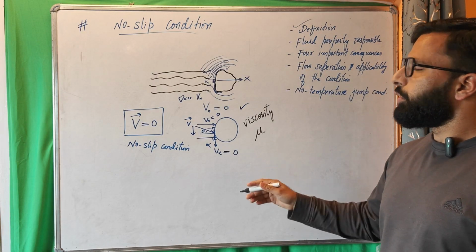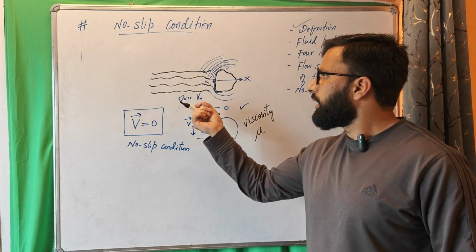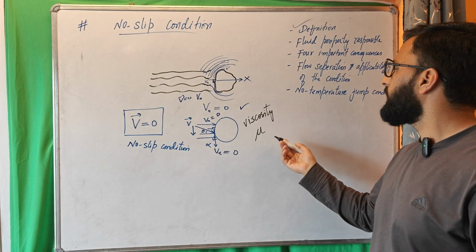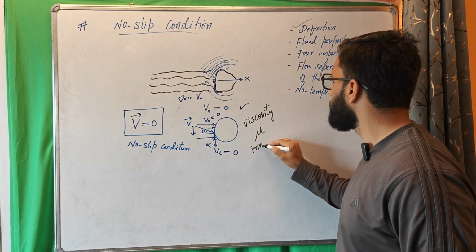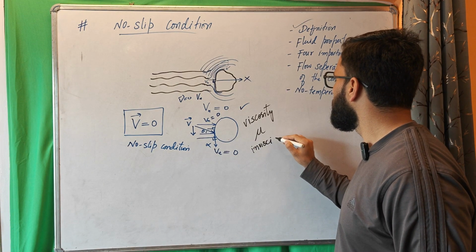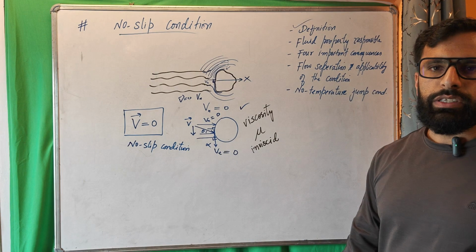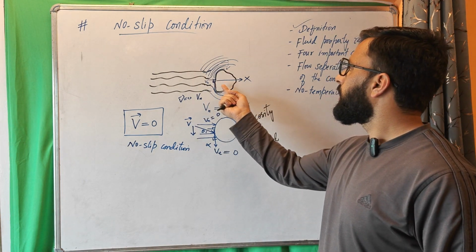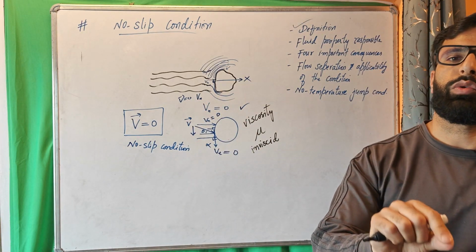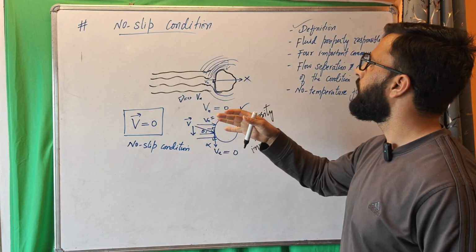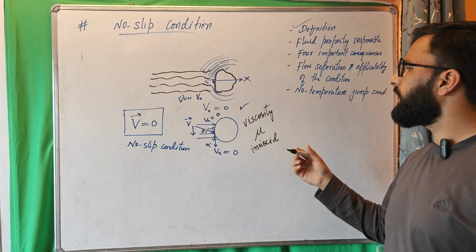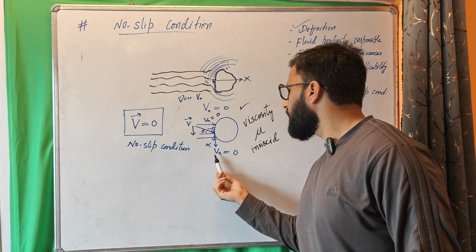Now if we talk about an ideal fluid which does not have any viscosity, which is inviscid, there will be no fluid layer in contact with the solid surface that has 0 velocity. It will definitely have velocity. It will definitely move because it's an ideal fluid. It will have a tangential component.